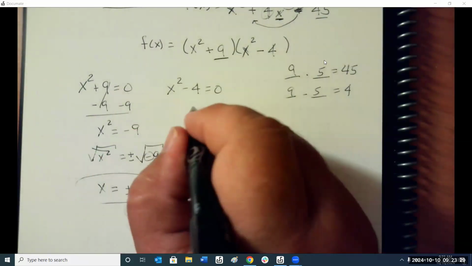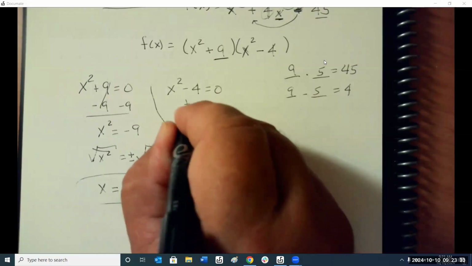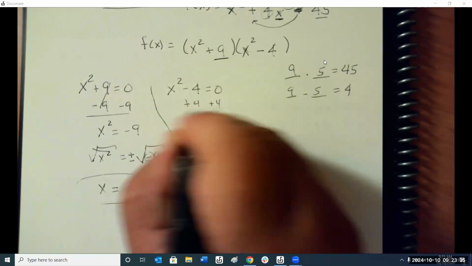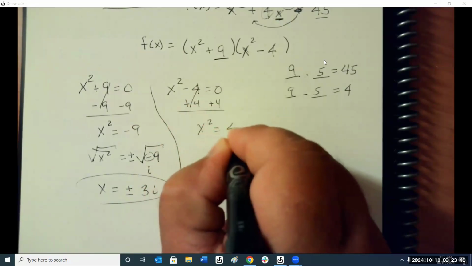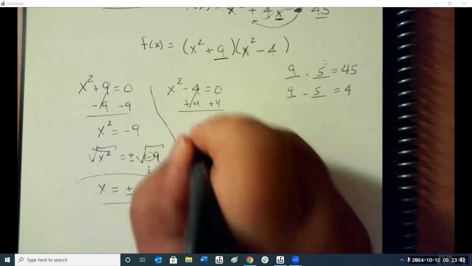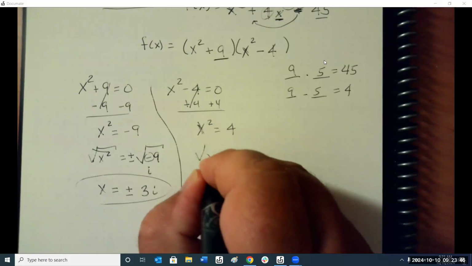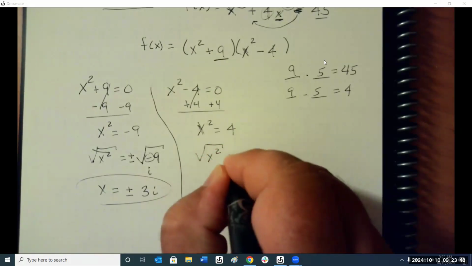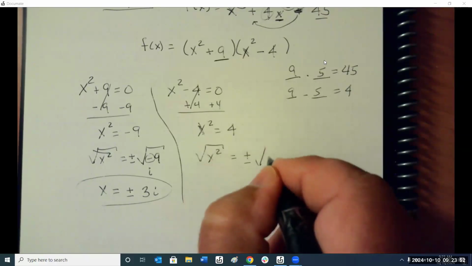Now the second one. Add 4 to both sides. x squared equals 4. Square root both sides. I have to put a plus or minus on this side because I'm square rooting something that's squared.